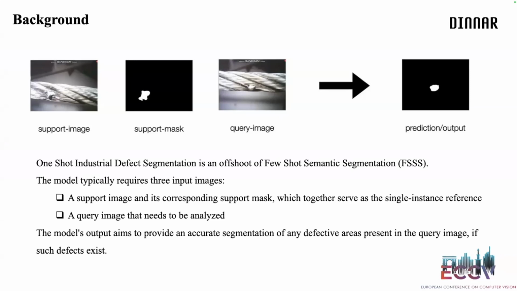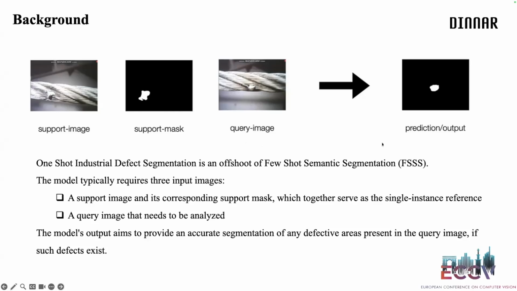Different from the previous method, we simply consider this industrial defect segmentation as an offshoot of few-shot semantic segmentation. The background is that the model will require three input images: the support image, the support mask, and the query image.